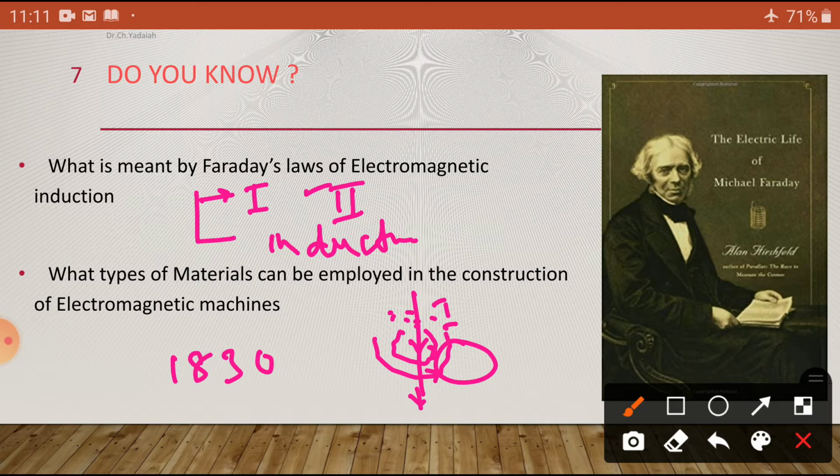Now, magnetic induction makes the electric motor possible. Based on these induction principles, we are nowadays using so many machines like electric motors, generators and transformers.